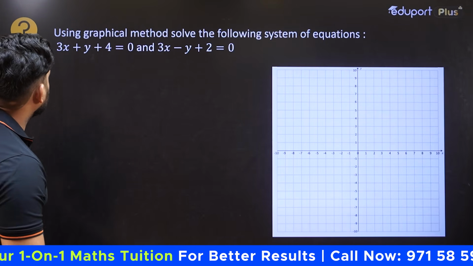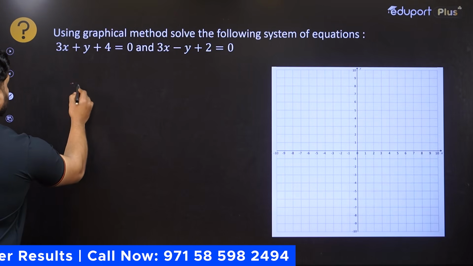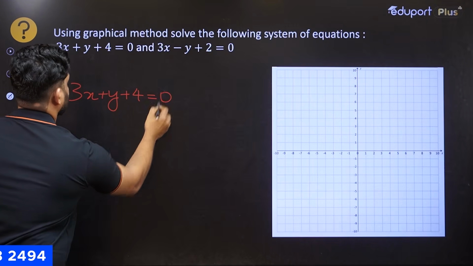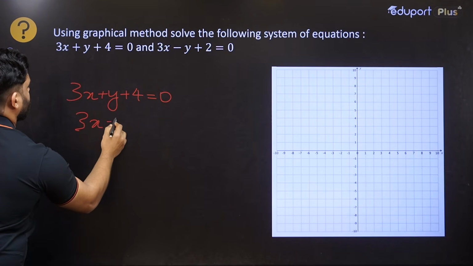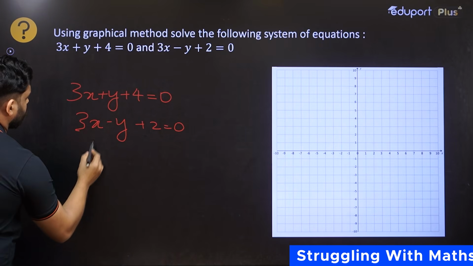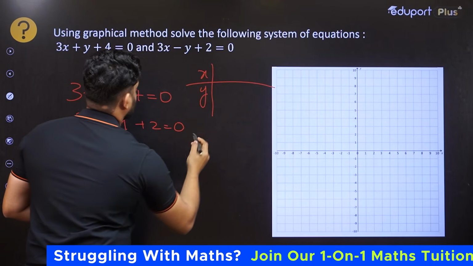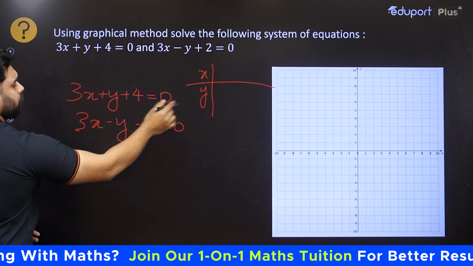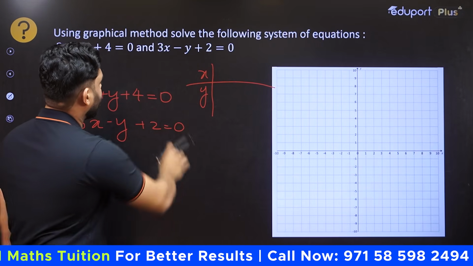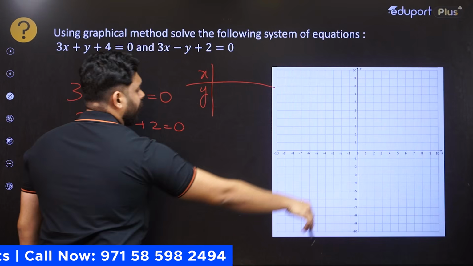3x plus y is equal to 0 and 3x minus y plus 2 is equal to 0. Just write the equation. All you have to do is write this equation, plot it, substitute the value for x as 0, then y as 0, then x as 1 and y as 1. Then you will get points, mark them on the sheet and draw.